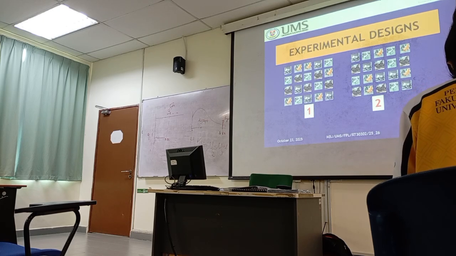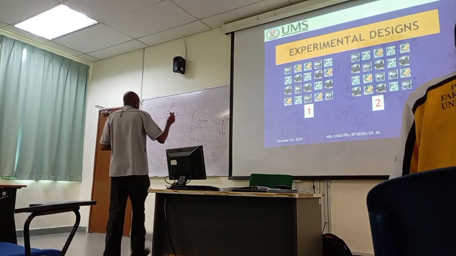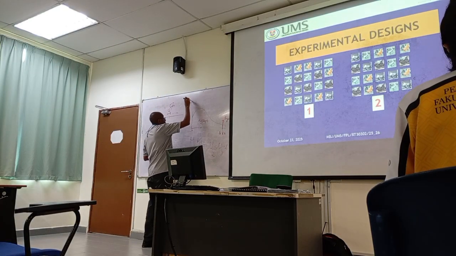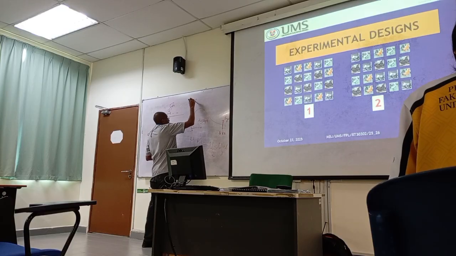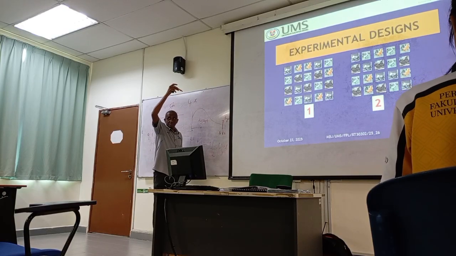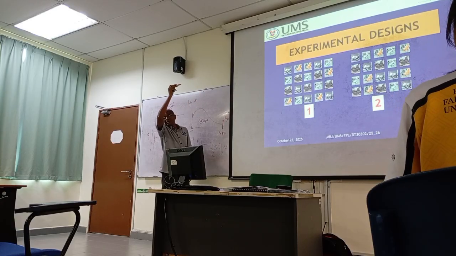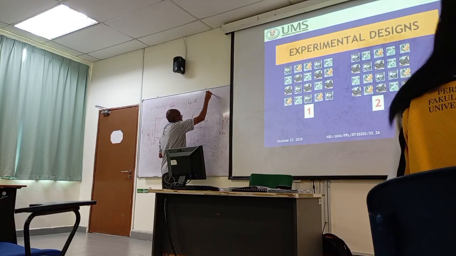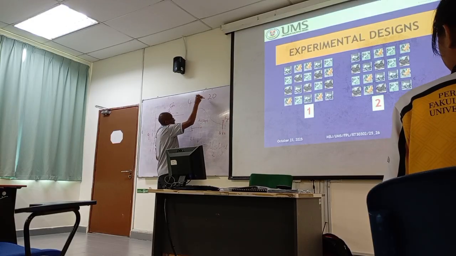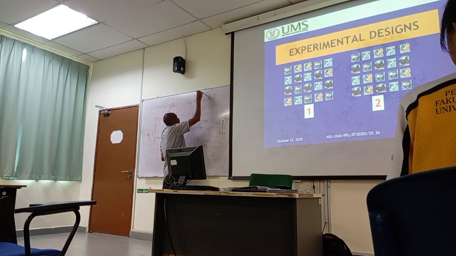If you have 4 types of chicken, the total experimental units there is what? Total is 20. What do you put here to get 20? 5. So we know we have 4 applications in 5 blocks now.